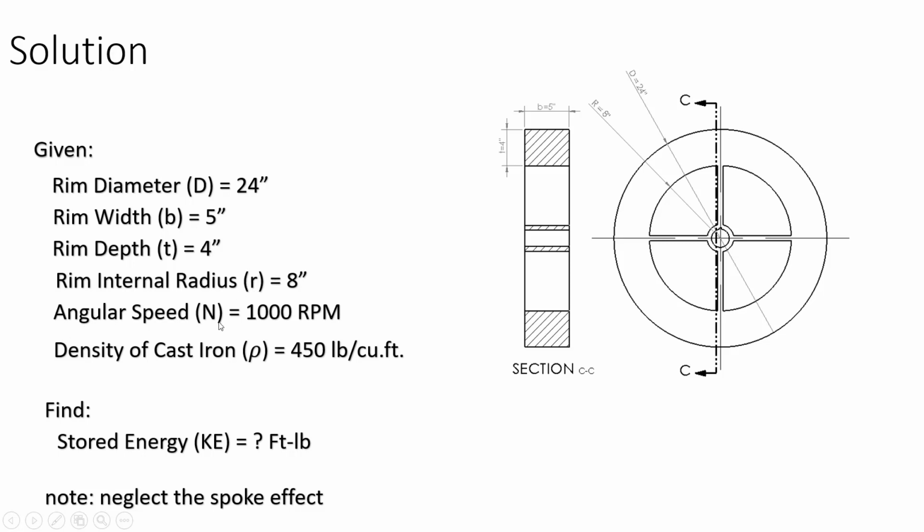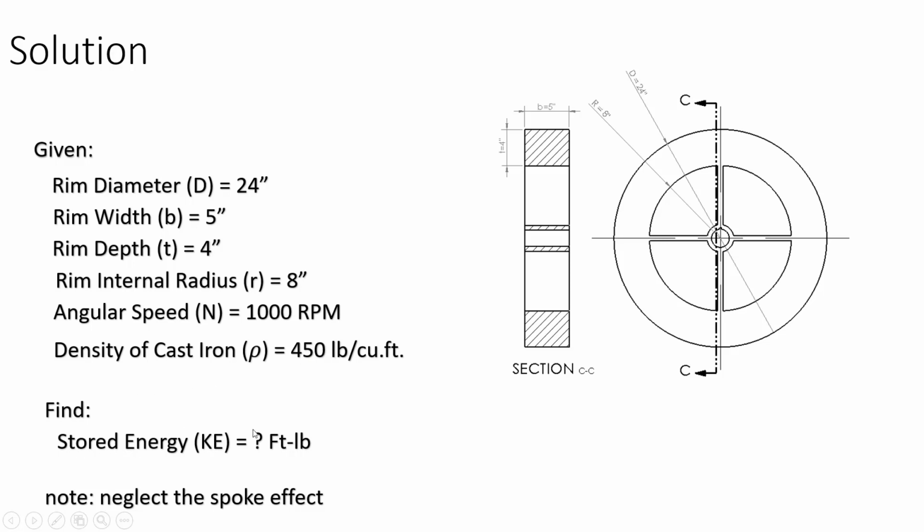The angular speed N is equal to 1000 RPM, and the density of the cast iron is equal to 450 pounds per cubic feet. So our task is to find the stored energy.